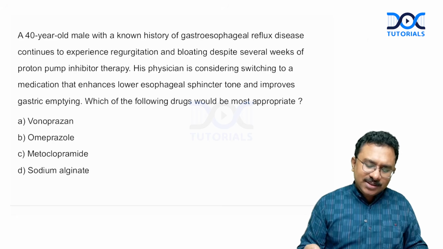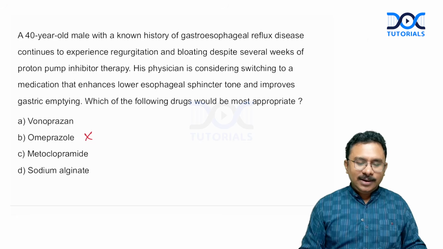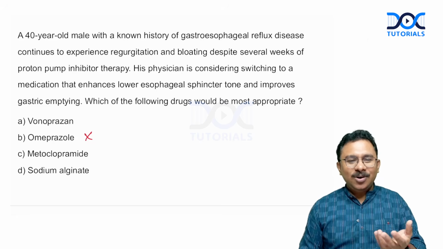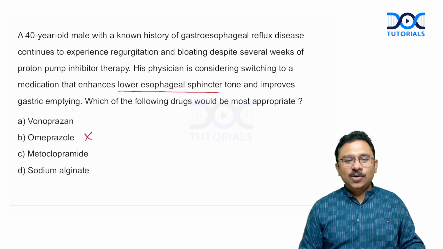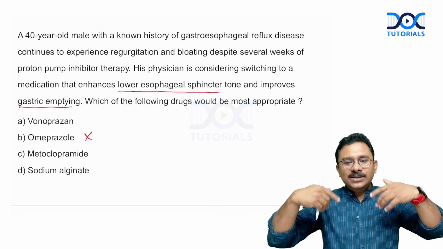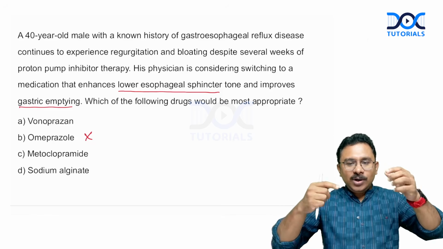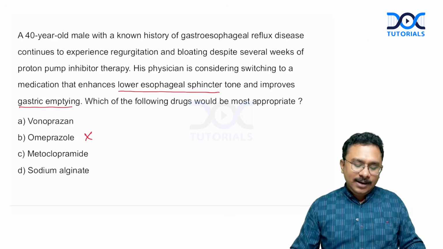So, a GERD patient already tried on a PPI, you don't want to again try another PPI, right? Omeprazole. Not just that, what have they given? Some drug that enhances lower esophageal sphincter tone and improves gastric emptying. In GERD there is always a chance of reflux, so you've got to give a drug that is increasing the LES tone and prevents the reflux.